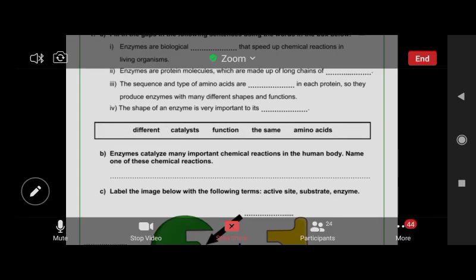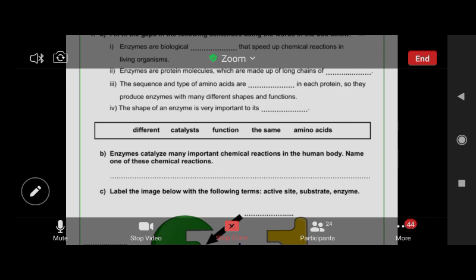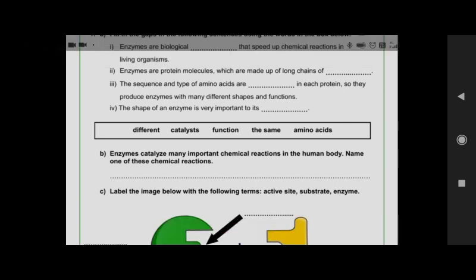Now come to question 1b. Enzymes catalyze many important chemical reactions in the human body. Name one of these chemical reactions. Any chemical reaction in the body where an enzyme is acting. You can take the help of the chapter digestion, because you are doing this topic previously also.